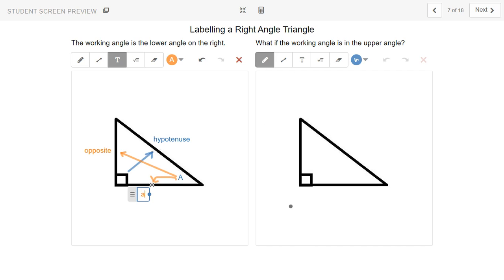This is called our adjacent. Now, mathematicians aren't really all that original. We called the opposite side the opposite, and we called the adjacent side adjacent. Let's try another one. This time, the working angle is the upper angle.